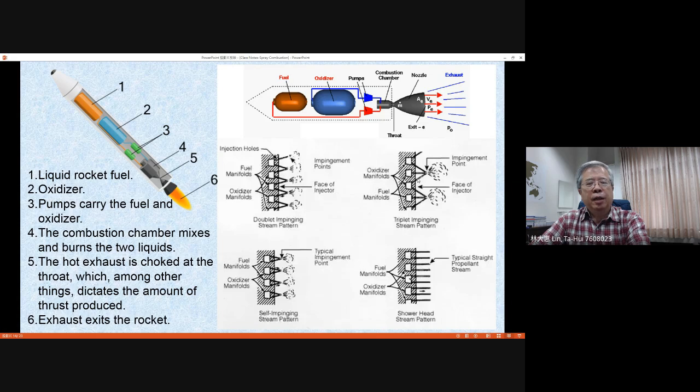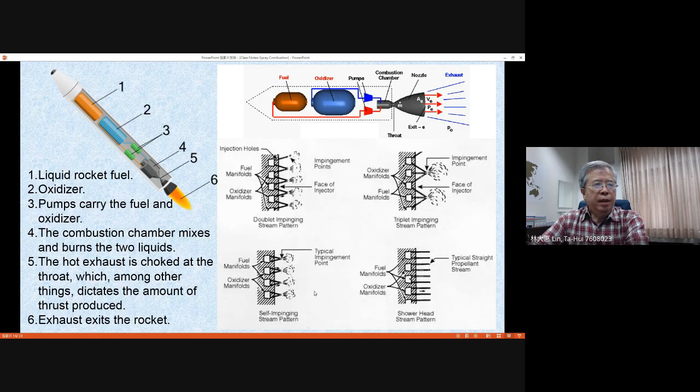In this case, there is fuel coming from the center, okay, and there are two oxidizer streams coming from the other sides, and the three liquids impinge together and produce a very efficient interaction and mixing. This is the impingement point. Since at this point we have three different liquid streams that meet together, we call this the so-called triplet impinging stream pattern.